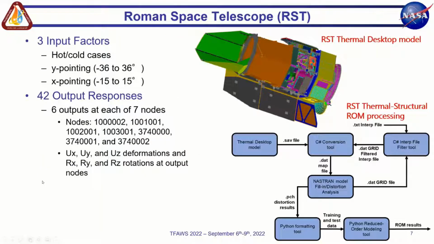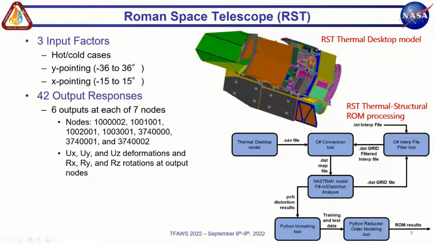All right, so let's just take a look at the input factors. We had three input factors, hot and cold cases on the thermal model, and both X and Y pointing. And we can see the ranges of these different pointings that we had on the thermal model. We had 42 output responses. So we had 7 node locations that we were looking at.